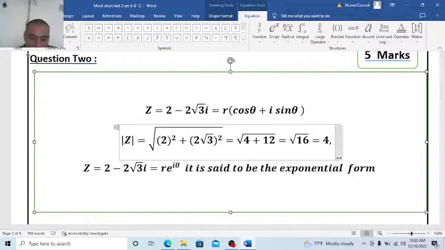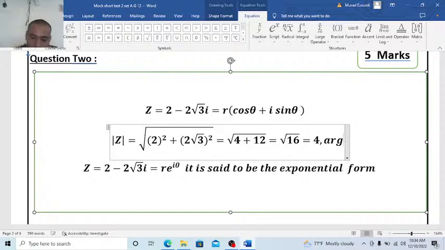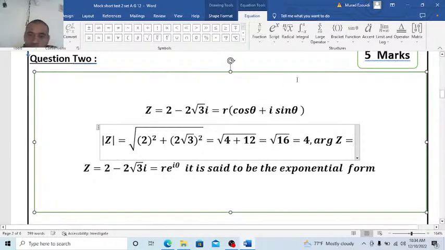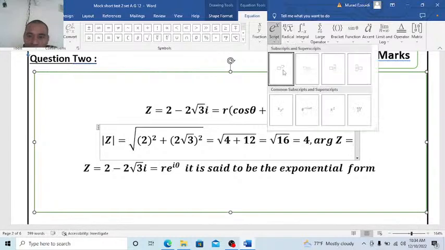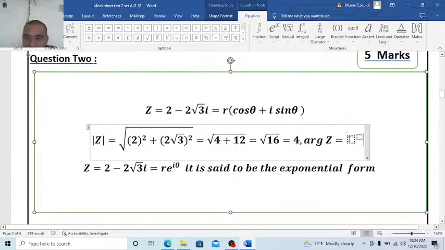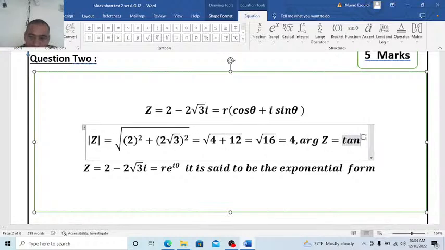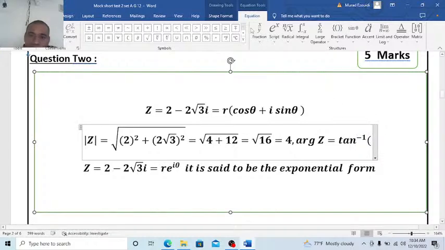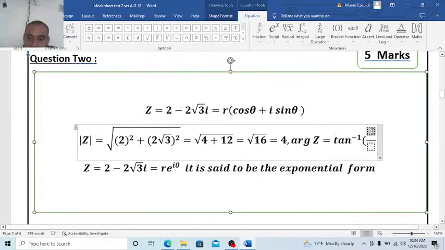The argument of the complex number z is equal to tangent minus 1 of what? I will open parentheses and make a fraction: the imaginary part divided by the real part, which means minus 2.